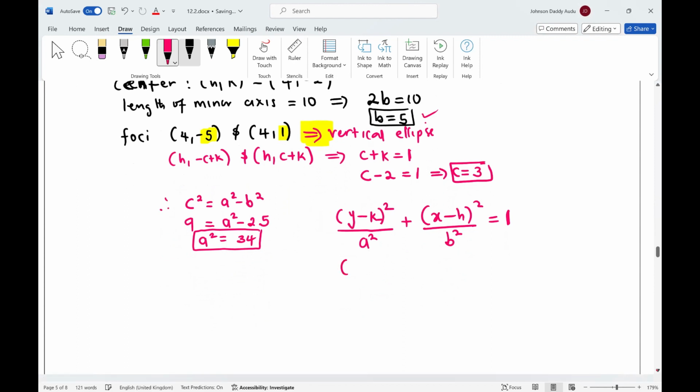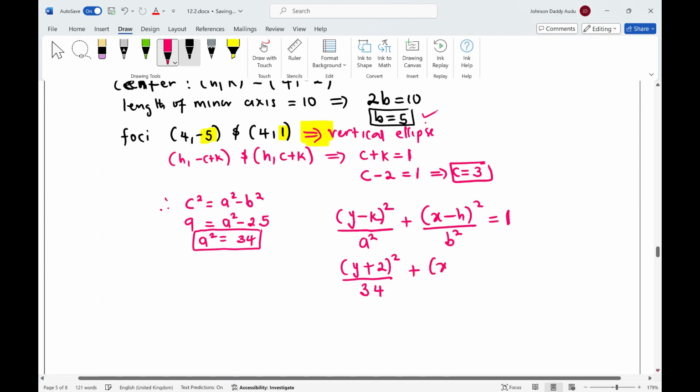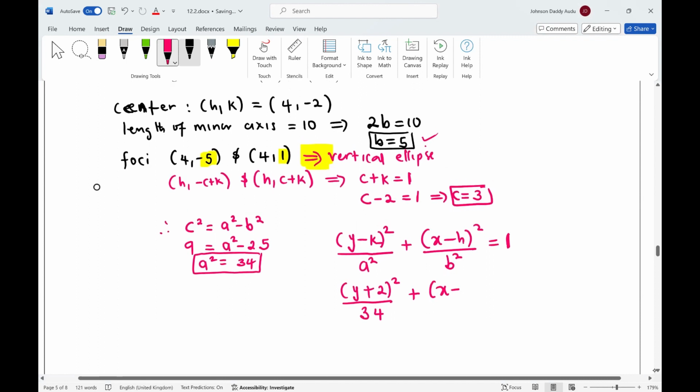And we have k already, which is given from the center as -2. So it's going to be +2 because it's minus -2. So it's just going to be (y + 2) squared over a squared, which is 34, plus (x - h), and h is 4, yes, because this is the center.